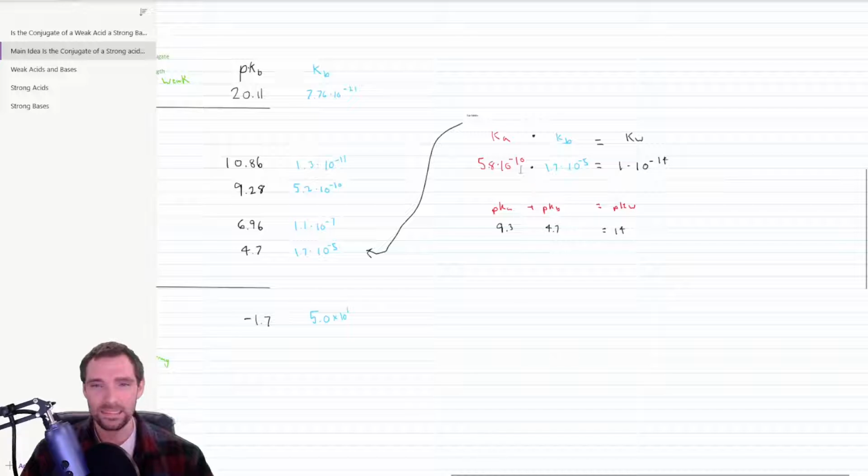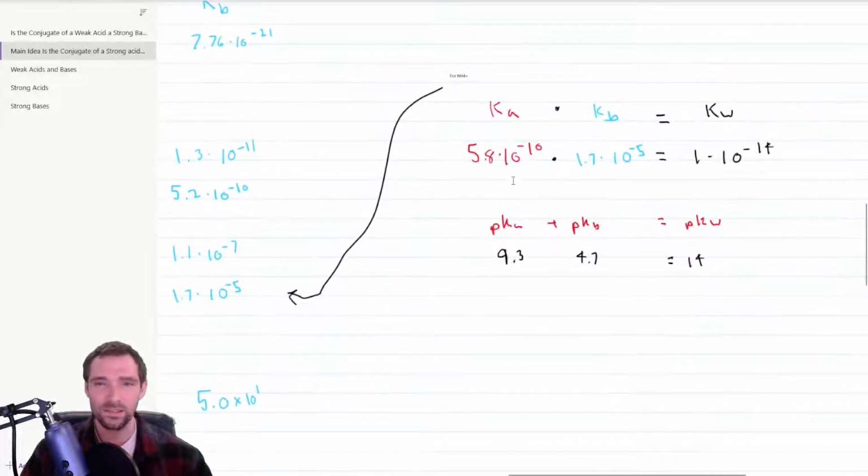And so you can see how the Ka and Kb multiply to give you Kw, as long as you're working with the right Ka and Kb pairs. And then their pKa's should add up to 14. And if you know your exponent rules, you know that 10 to the negative 9.3 is the same as 5.8 times 10 to the negative 10.